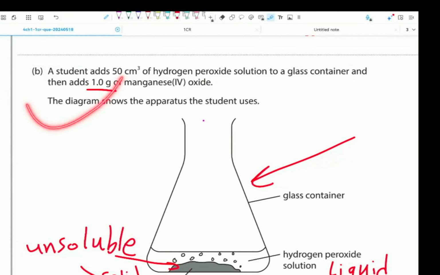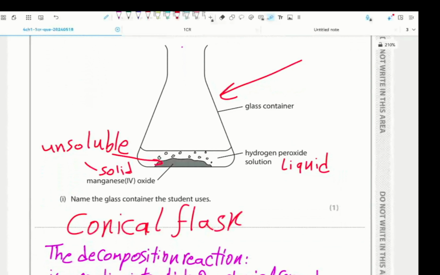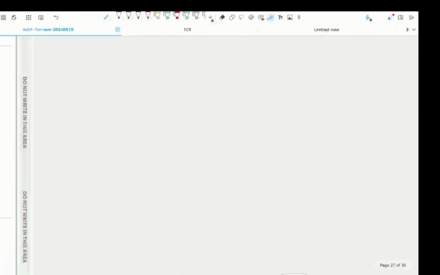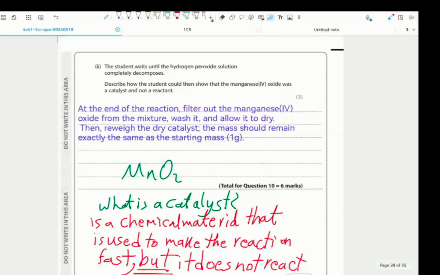So we take this MnO2 and we reweigh it again. Here, we wash it and allow it to dry, then reweigh the catalyst. The mass should remain exactly as it was, 1 gram.